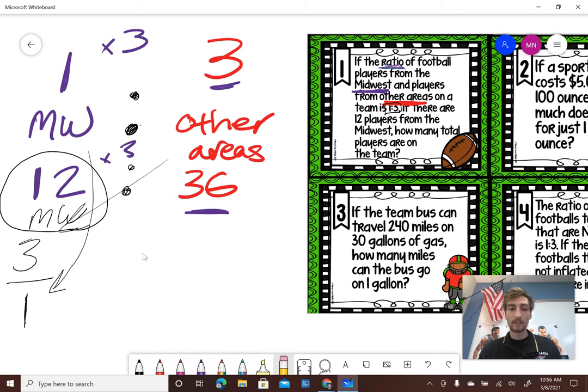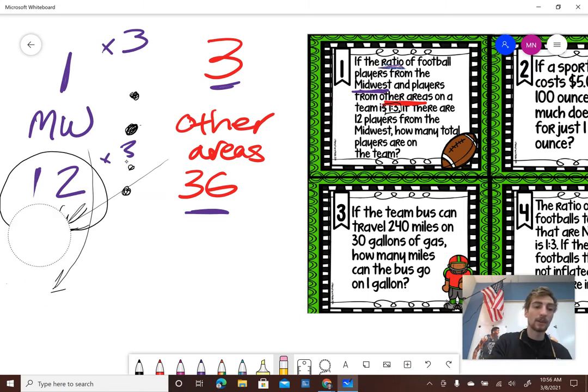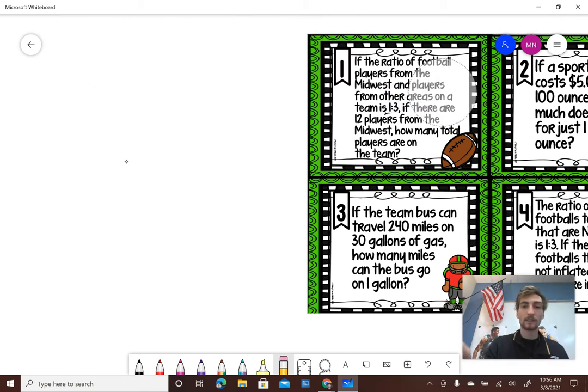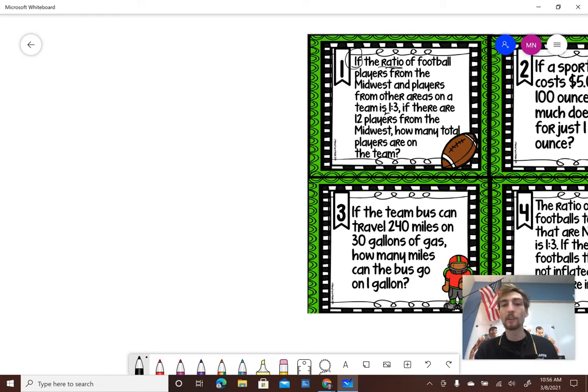All right, so here we just took a look at question number 1, and it's talking about ratios and proportions. So here, let's look at question 1. It says, if the ratio of football players from the Midwest and players from the other areas is 1 to 3, then if there are 12 players from the Midwest, how many total players are on a team?